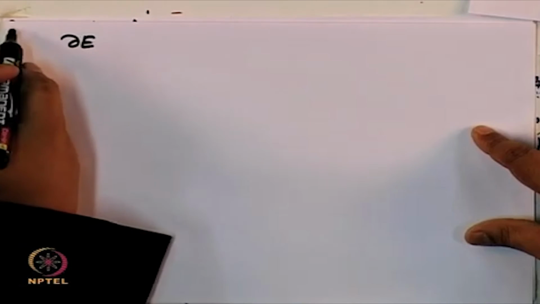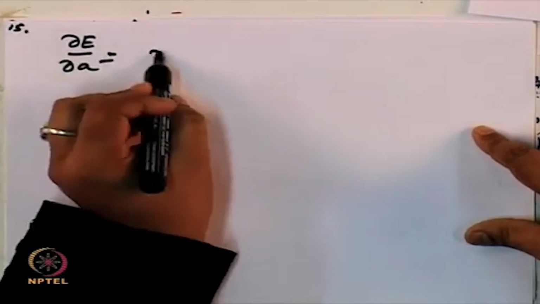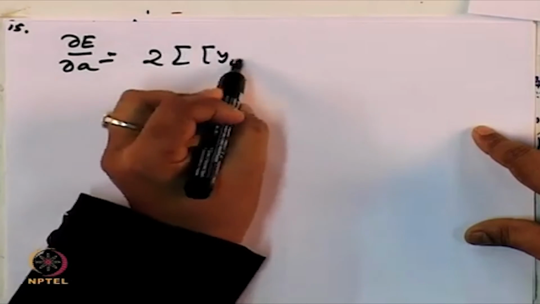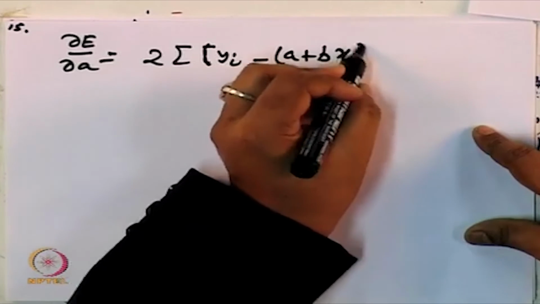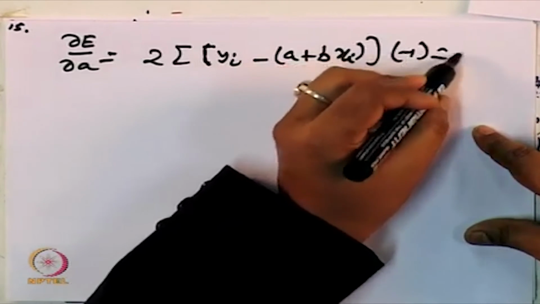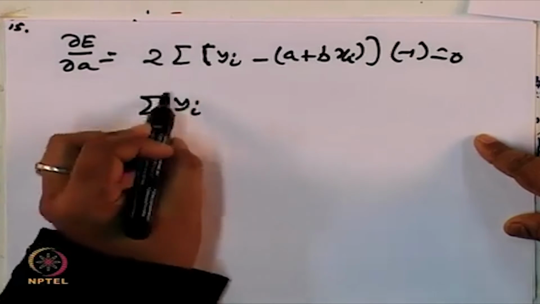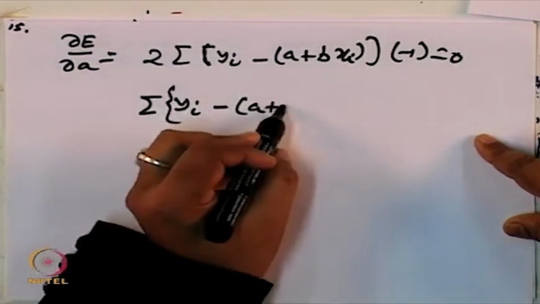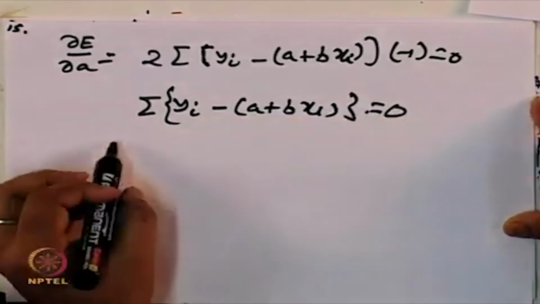So, I have del E del A is equal to 2 summation of yi minus A plus bxi whole into minus 1 equal to 0, which I can simplify, would simply imply summation of yi minus A plus bxi is equal to 0. Okay.